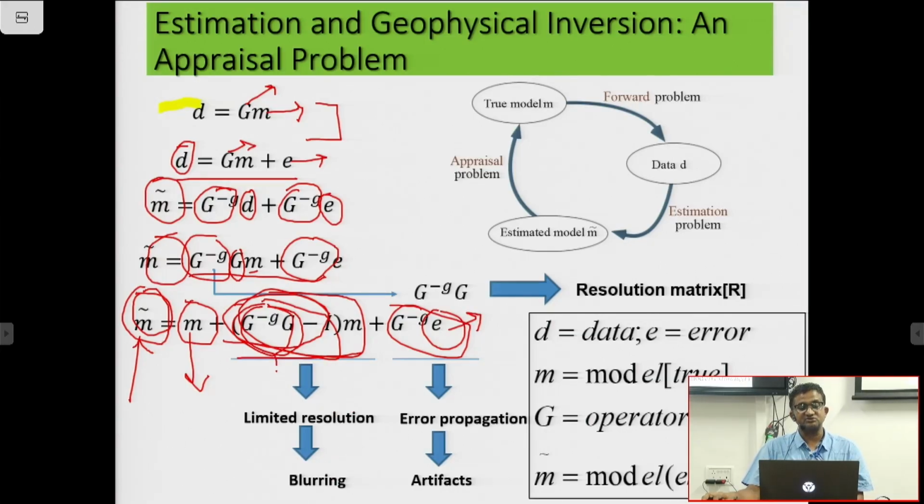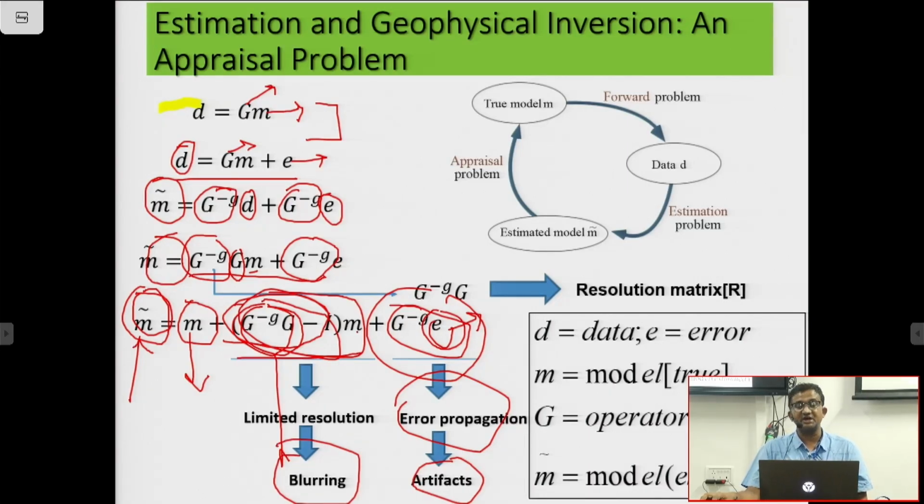This part creates the blurring effect in the inversion, and the last part is associated with error propagation, because error is there and we are operating the generalized inverse operator on e. So these artifacts and the blurring are the two components that express how close our estimated model parameter is to the true one. If there is no blurring and no artifact in the data, then your estimated model parameter is actually your true model parameter.